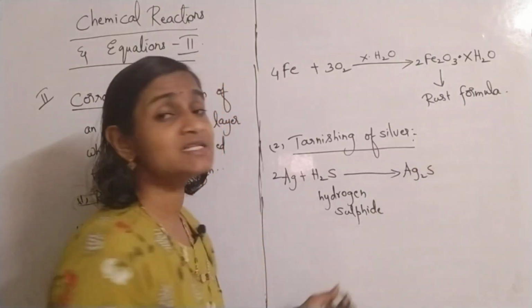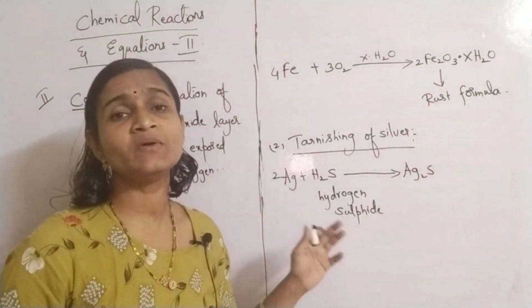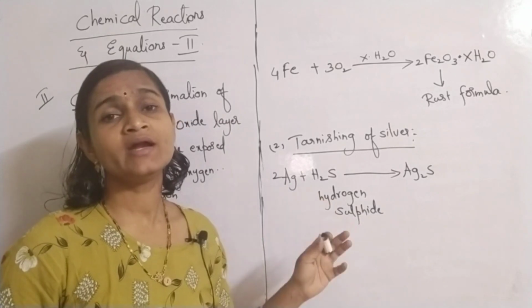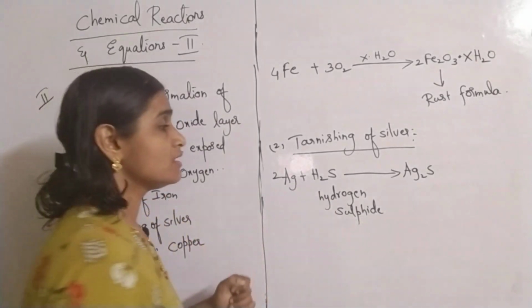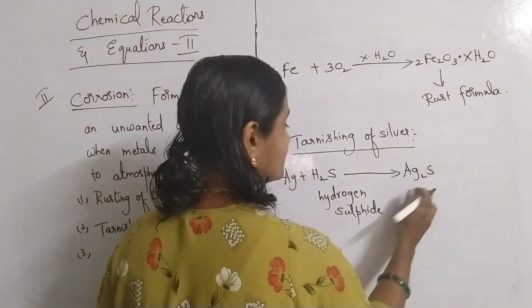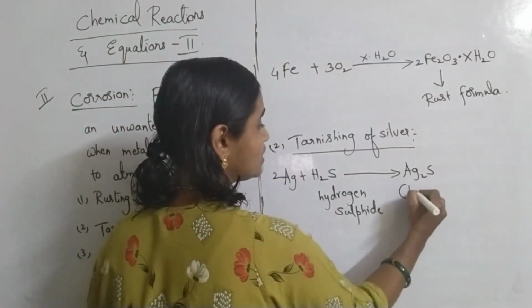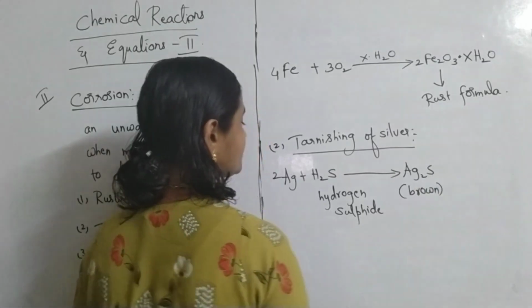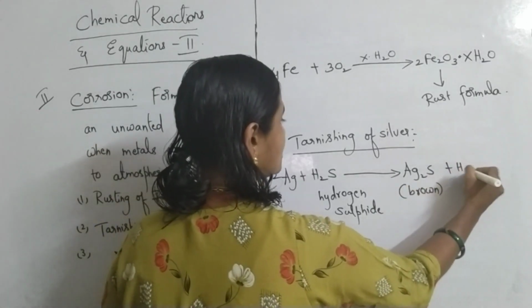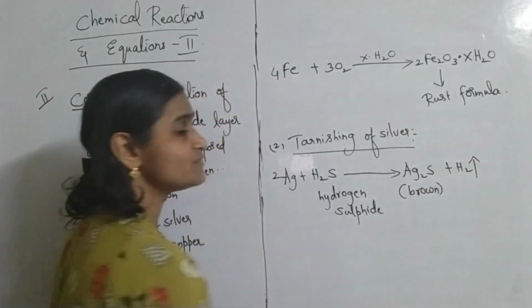This is silver sulfide, which is considered to be what? The unwanted layer which is formed. Here it is a sulfide layer, a brown colored sulfide layer is formed, plus H2. Liberation of hydrogen is very less.